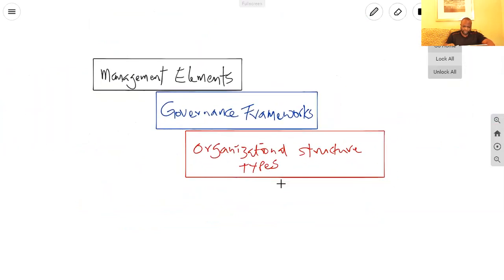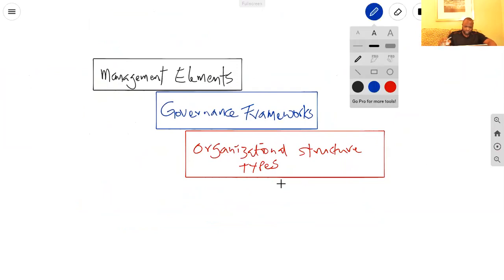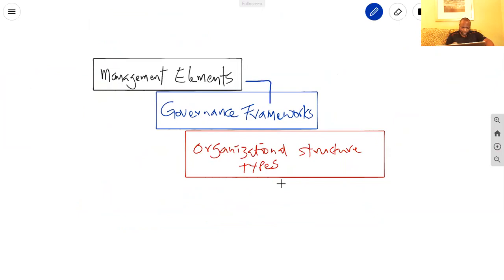management elements. The management elements being spoken about, right? The key functions of the organization. We can see it is influenced by the governance framework, right? And we can see that the governance framework is also going to prod and prompt the organizational structure type.